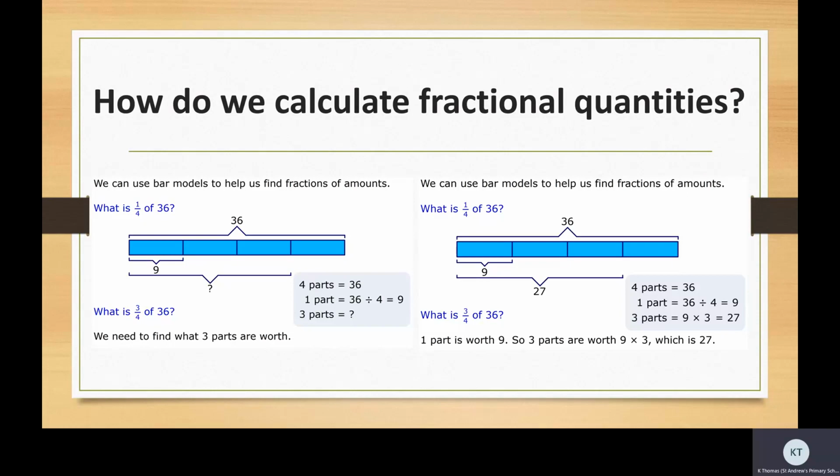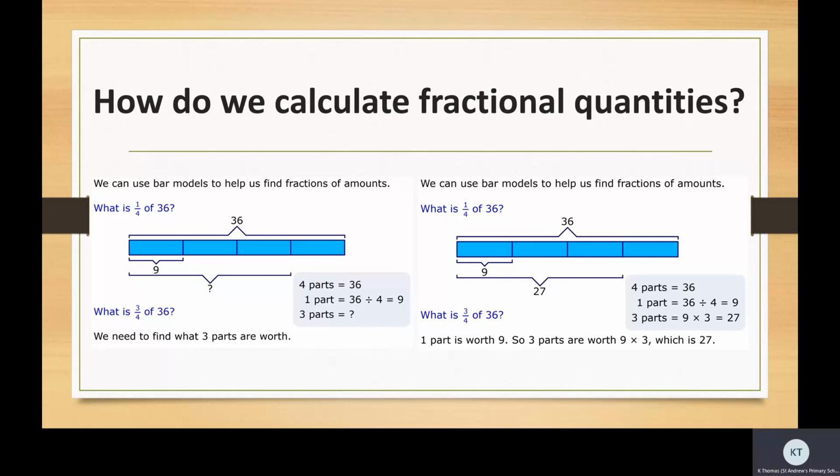If one part was 36 divided by 4 equals 9, I need to work out what 3 parts are worth. So if I know one part is worth 9, then 3 parts are worth 9 multiplied by 3. 9 multiplied by 3 is 27.